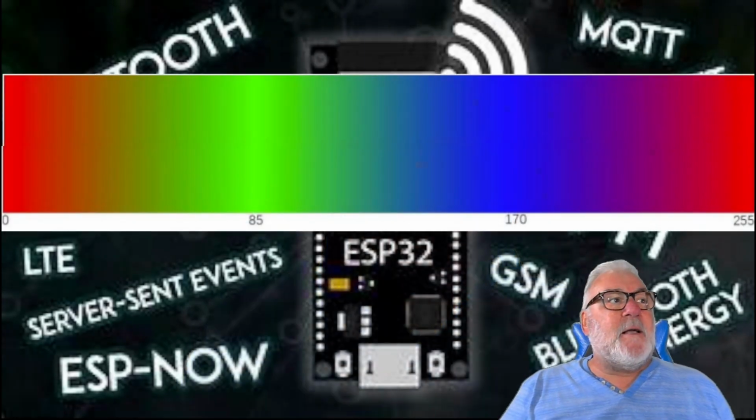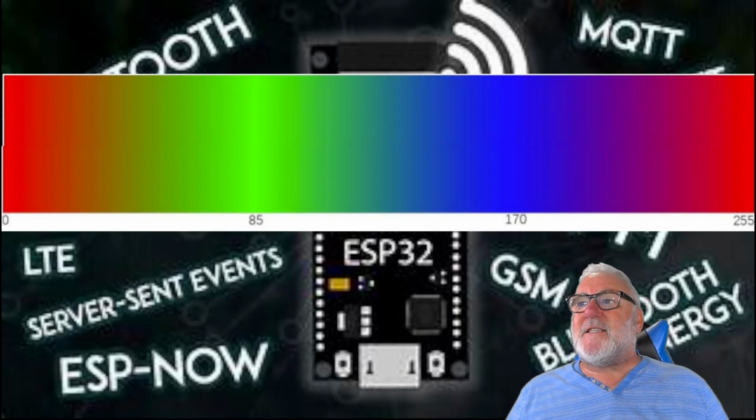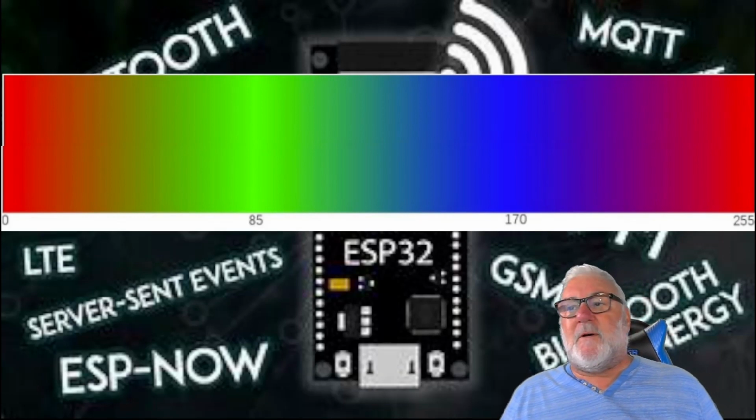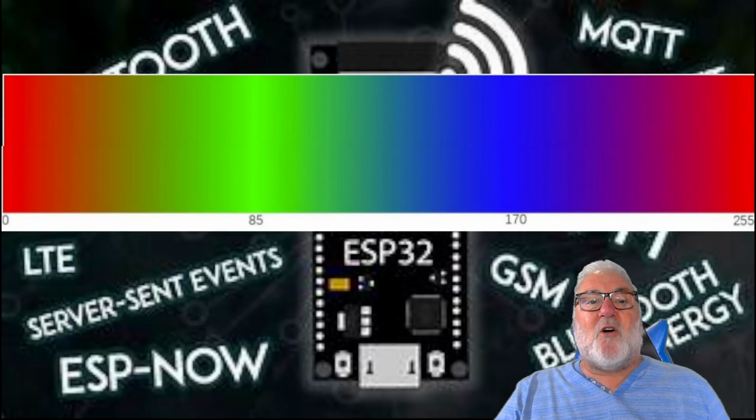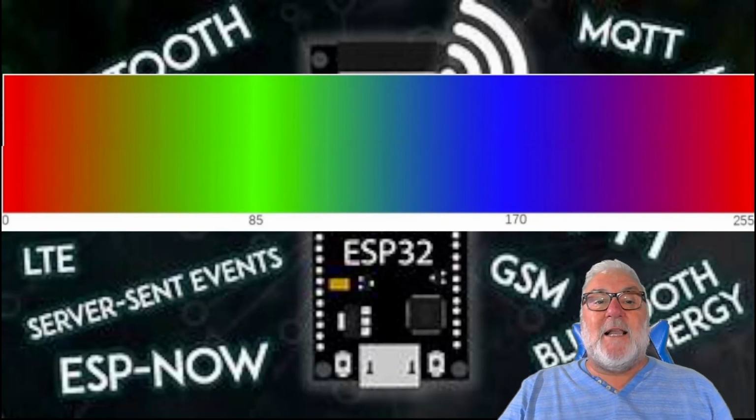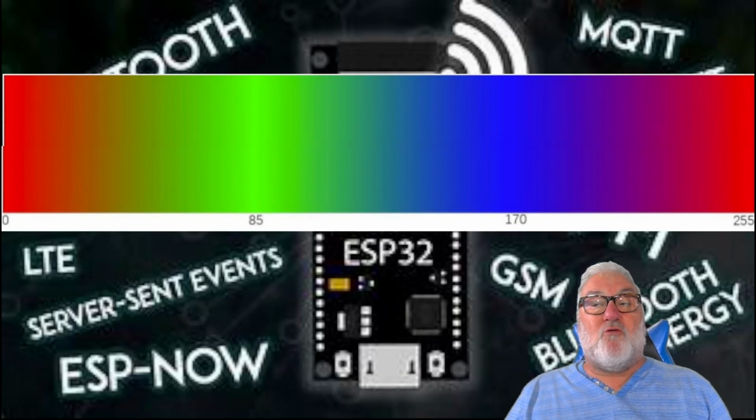Right, so let's go to this. This is a color model, and this is all the colors that an RGB LED can produce. We're going to make a nice ambient light using this color model.